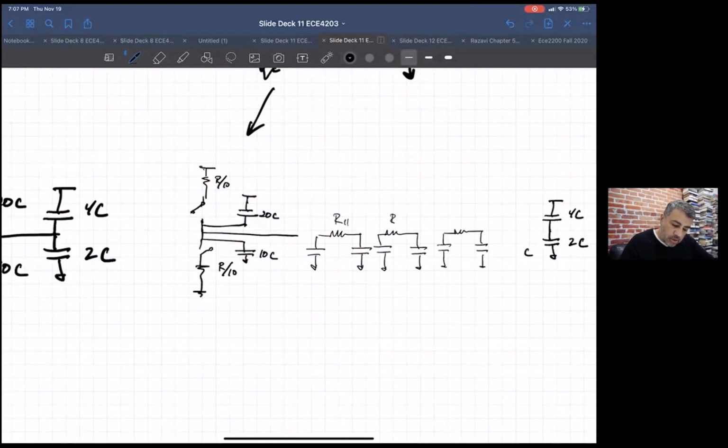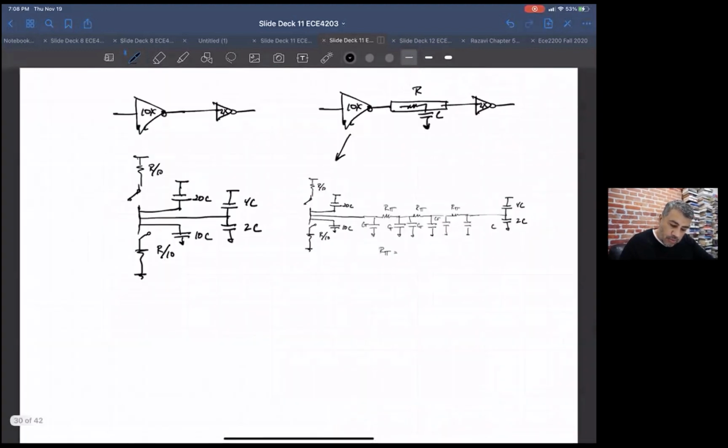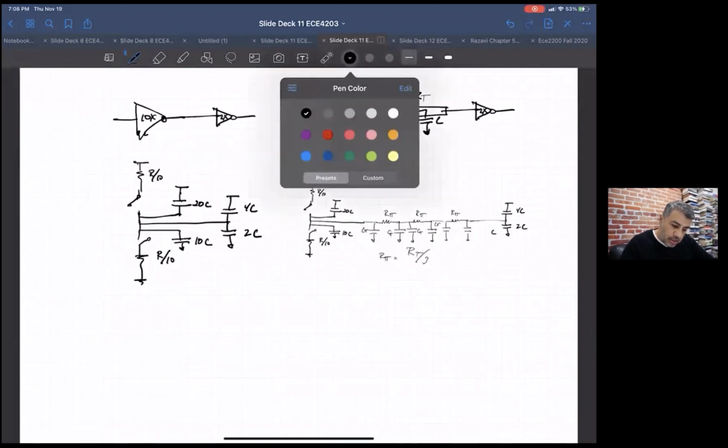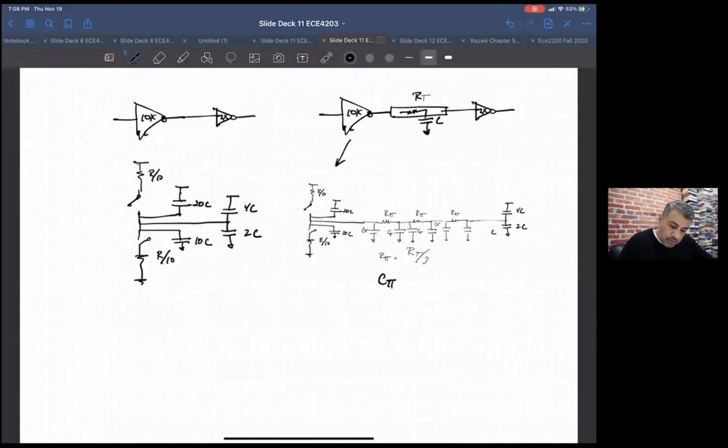Or let's call these R sub pi and C sub pi. Connect these guys up, and R sub pi would look like R. Let's call this R total. R total divided by 3, and C sub pi would look like C total over 6.